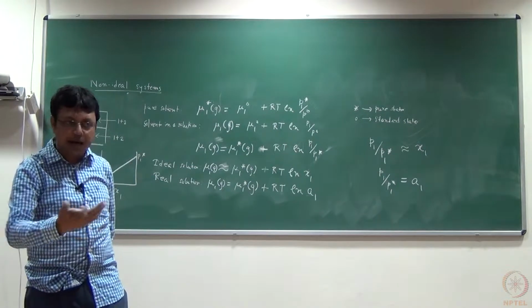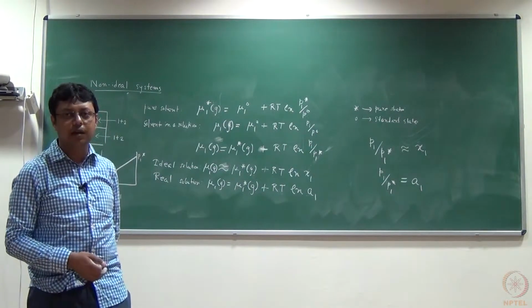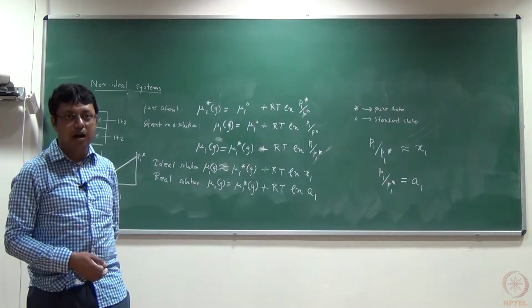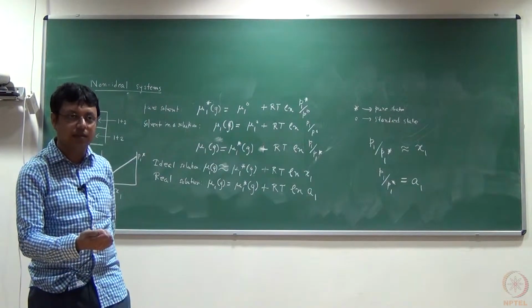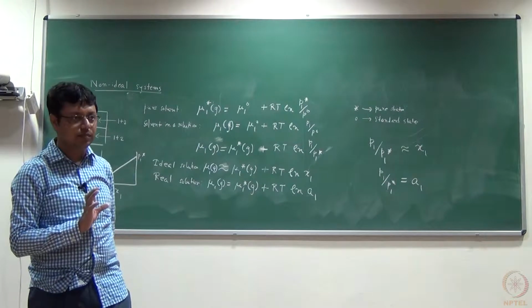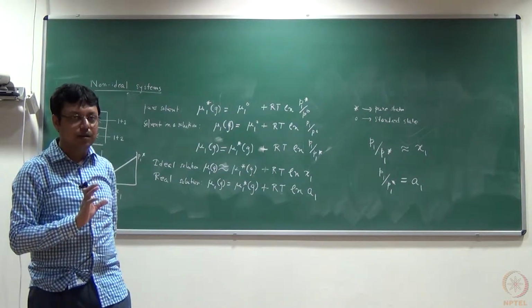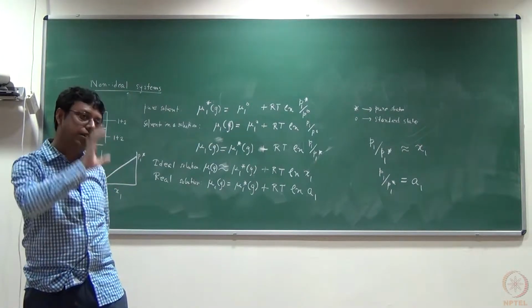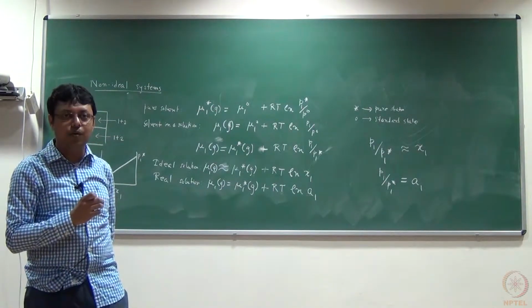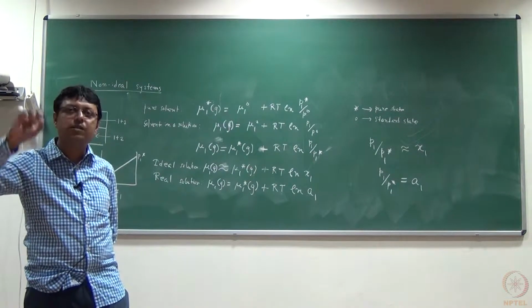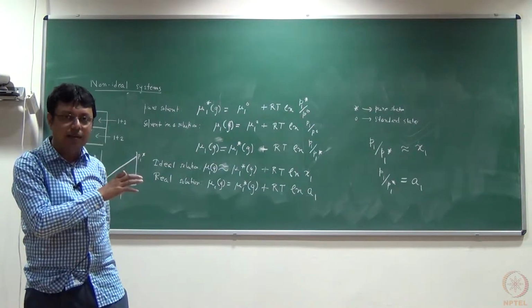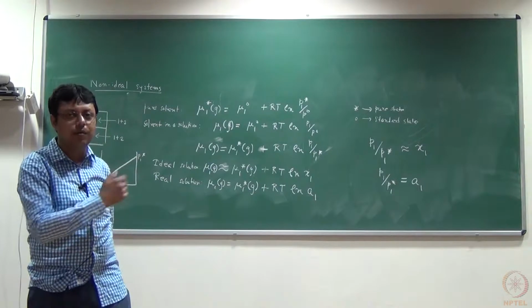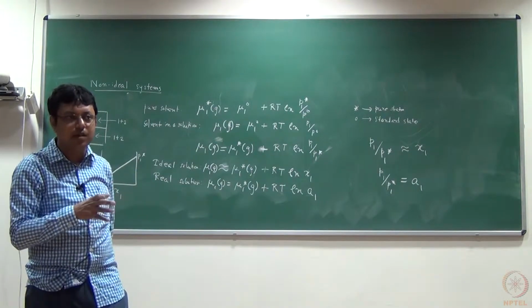That experiment will directly give you the activity a1. However, if you use the mole fraction, that will be wrong or erroneous. As simple as that. Although with the fugacity, when I introduced it at the very beginning, I did not know how to connect it and had to work out what fugacity is, the concept of activity is very clear. It is just P1 by P1 star. It's not a very surprising thing.